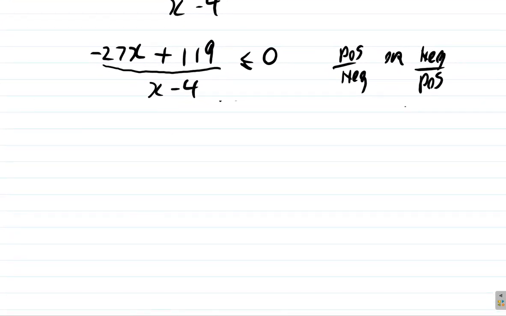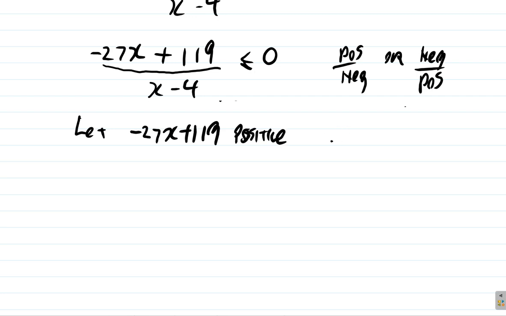Now, let negative 27x plus 119 be the positive. Right?